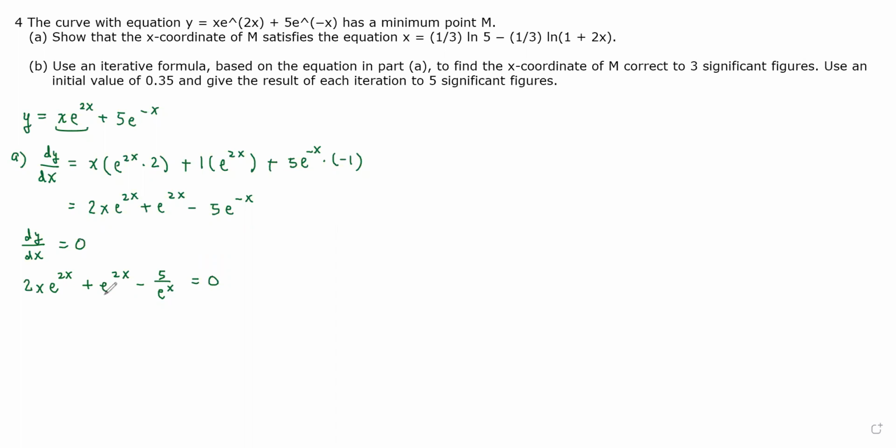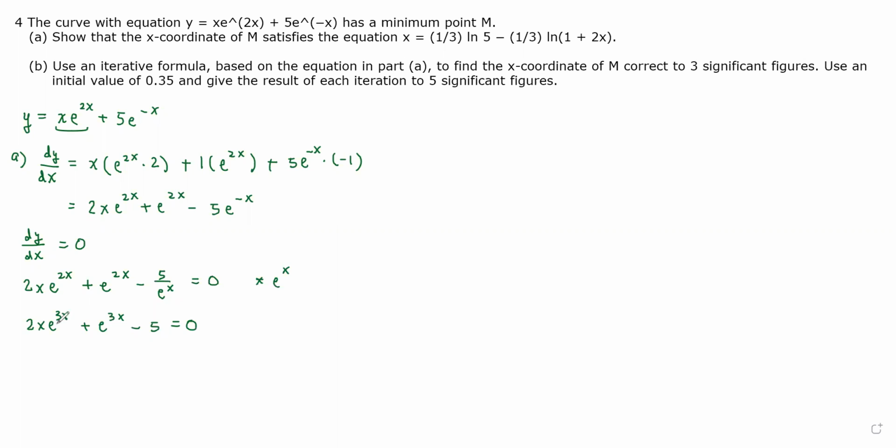And in order to solve this, we multiply throughout by e to the x, so that we have 2x e to the 3x. E to the 2x times e to the x, the exponents you just add to obtain 3x, plus e to the 3x minus 5 equals 0.